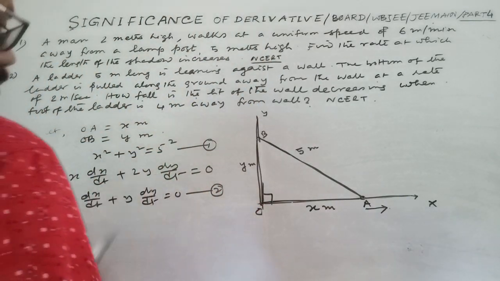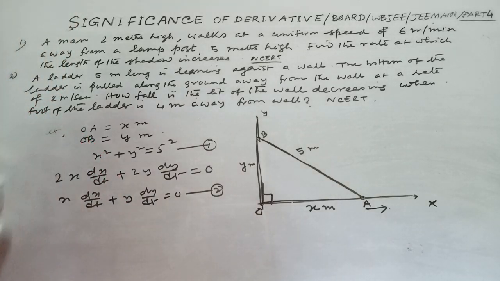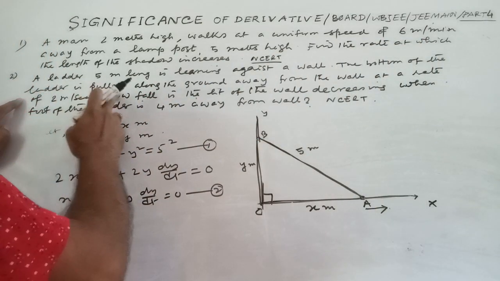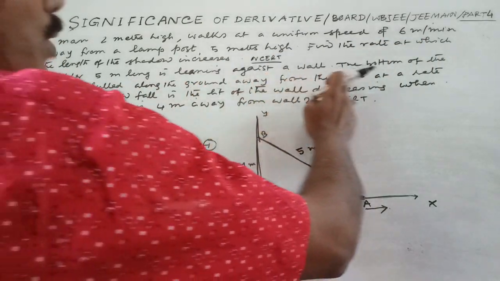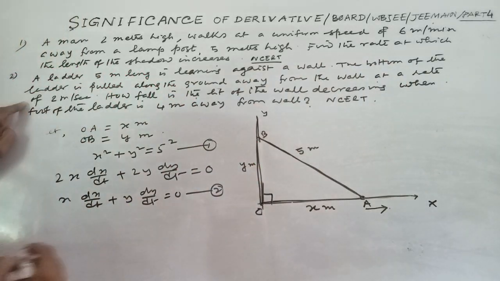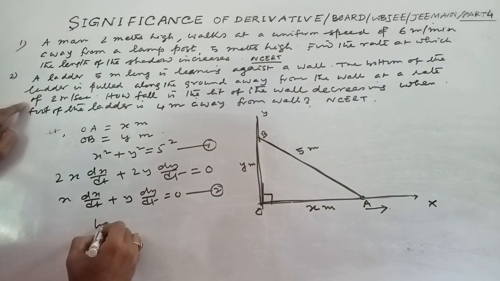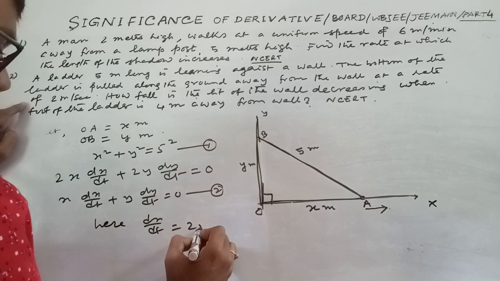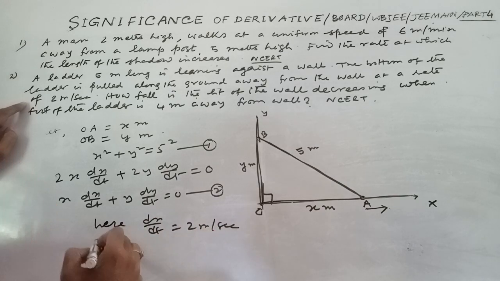Now look, out of 4 unknowns, 3 should be given. The bottom of the ladder is pulled along the ground away from the wall at a rate of 2 meter per second. So here dx/dt equals 2 meter per second.